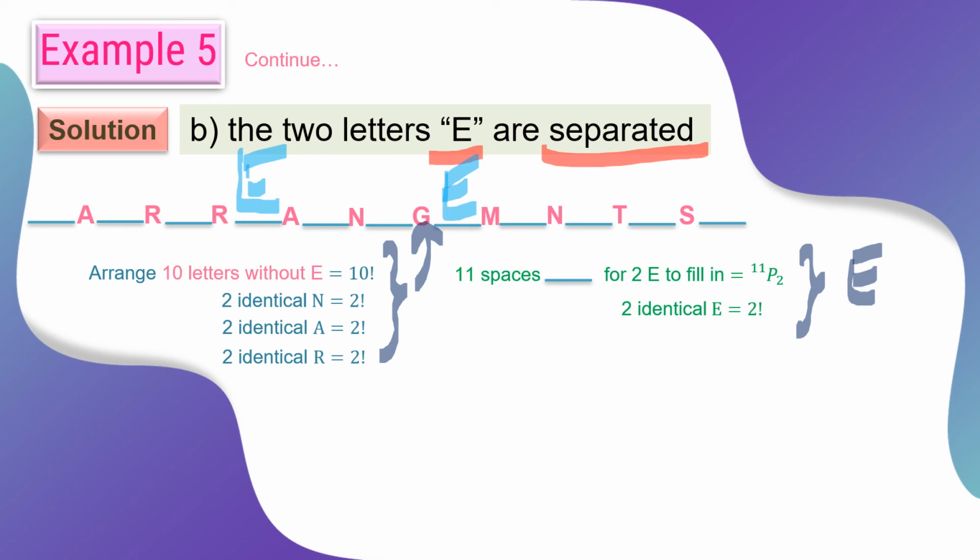So how to write down? So you can put 11 P2. Okay, actually E is the identical letter, so 2 identical E is equal to 2 factorial.